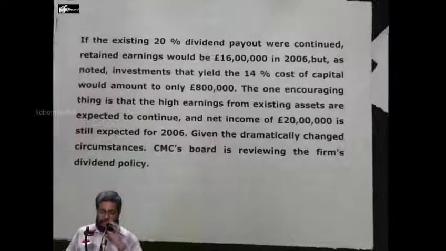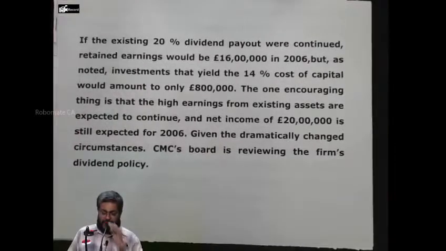If the existing 20% dividend payout were continued, retained earnings would be 16 lakhs in 2006, but as noted, investment that yields the 14% cost of capital would amount to only 8 lakh pounds. The one encouraging thing is that the high earnings on existing assets are expected to continue, and net income of £20 lakhs is still expected for 2006.